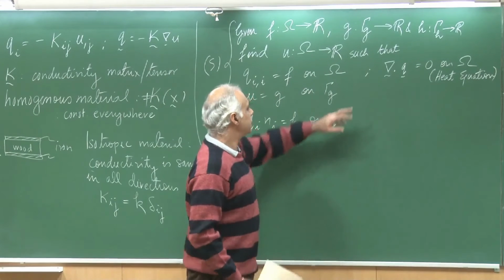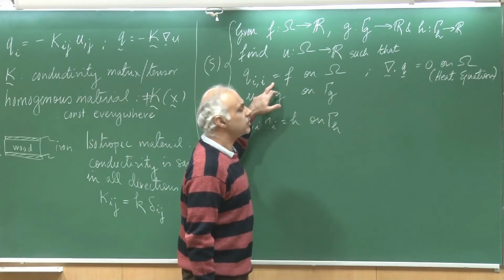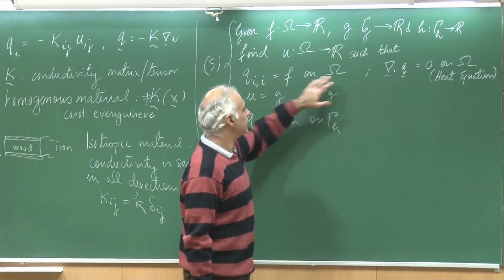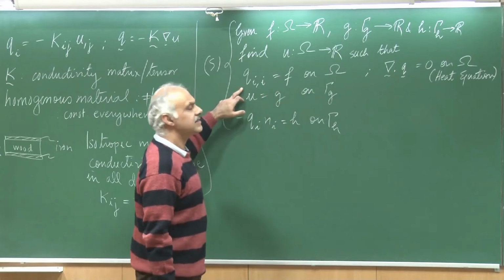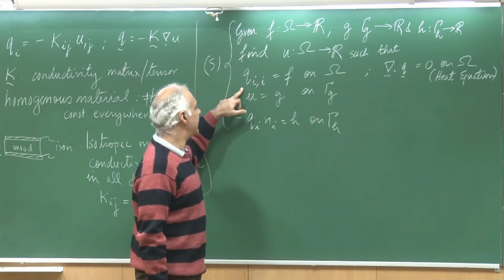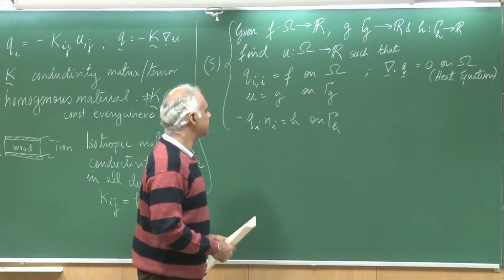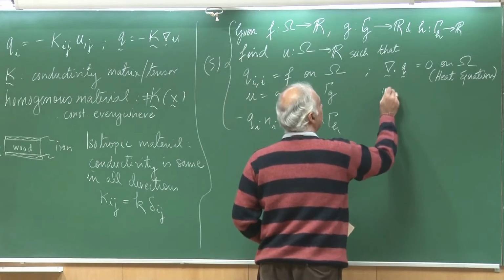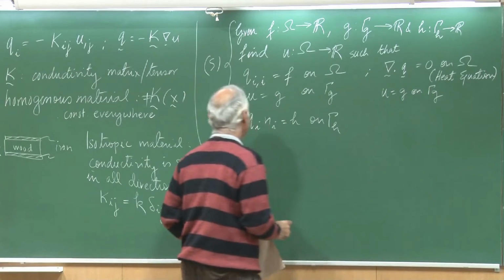So, it will be nice if you can see the relation between the two representations of the heat equation. Both of them are the same equation. This is in the vector form and this is in the simplified index notation, which will help us do certain manipulations. This, of course, is the boundary condition, u equal to g on gamma g, no change on that.